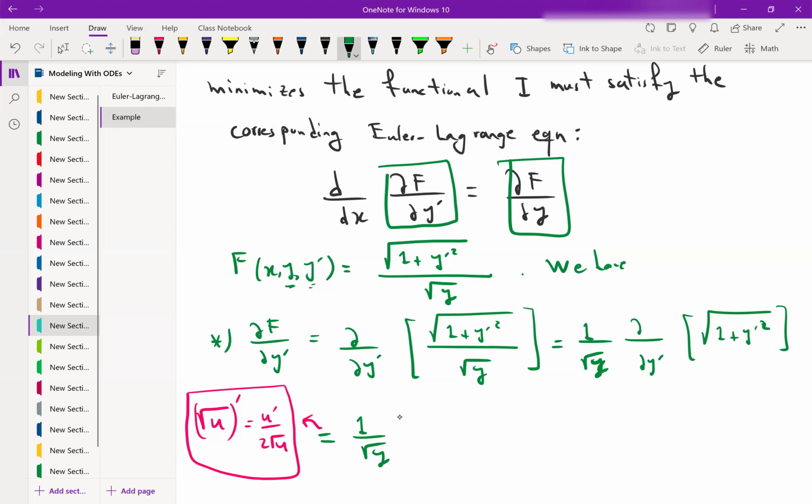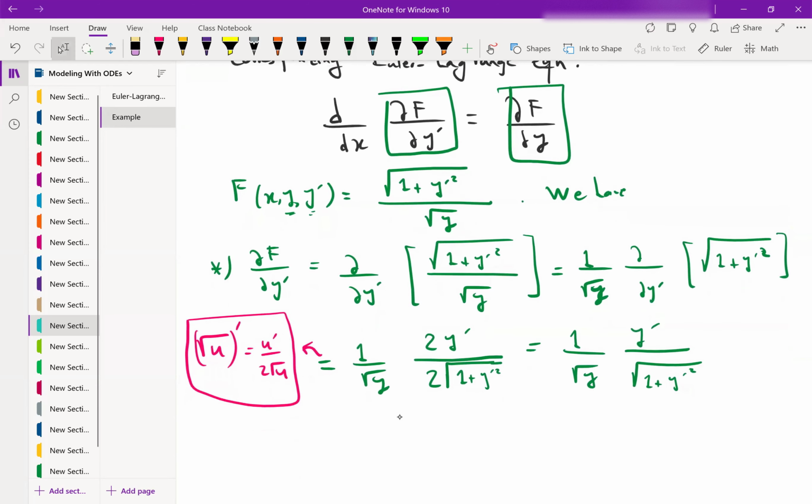The derivative of the inside, u prime, will be 2y prime, because the derivative of y prime squared with respect to y prime is 2y prime. And then the denominator is 2 square root of u, 2 square root of 1 plus y prime squared. The 2 and 2 cancel. We will have 1 over the square root of y times y prime divided by the square root of 1 plus y prime squared.